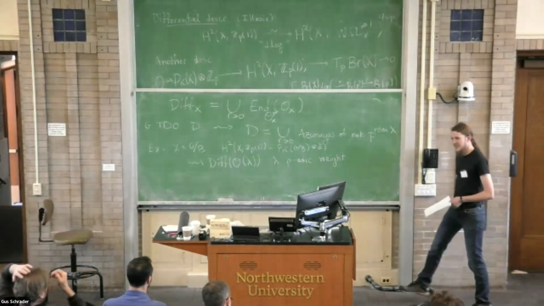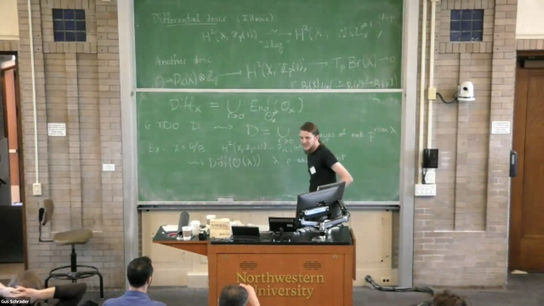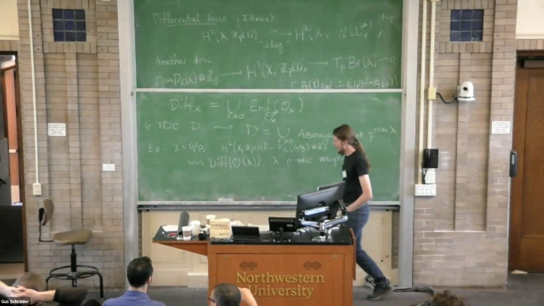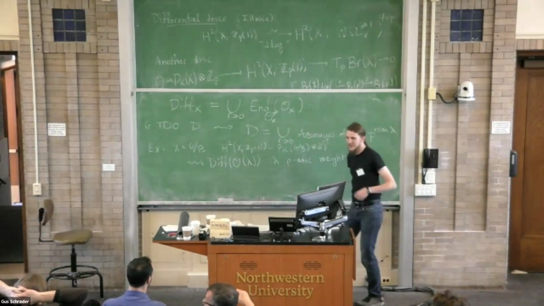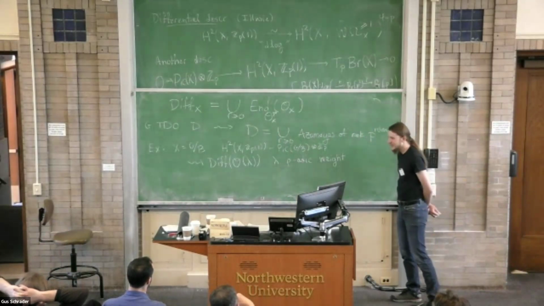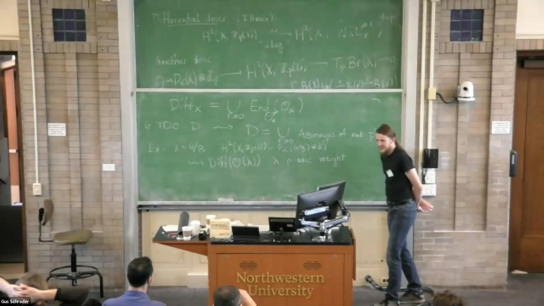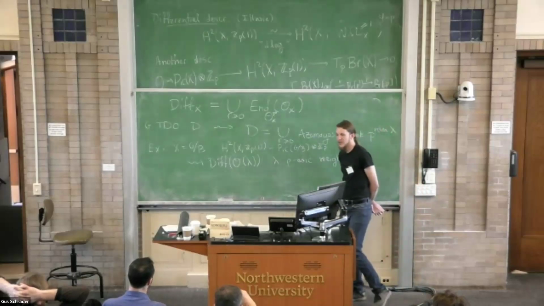But do you have a localization theorem? For example, the distribution algebra of SL2 has a kind of Harish-Chandra center, and the character of the center corresponding to the weight. Is it related to that?